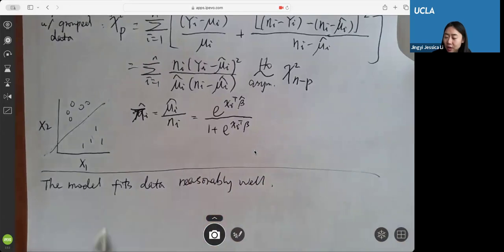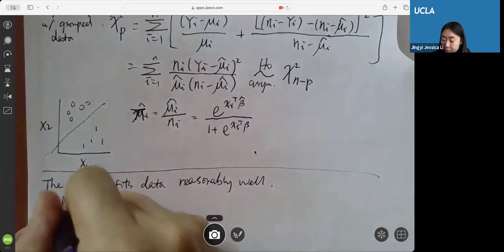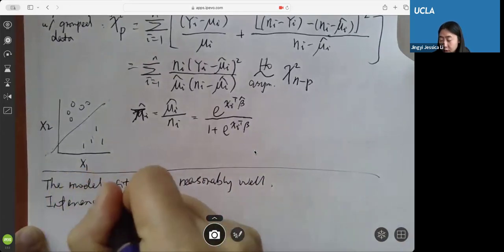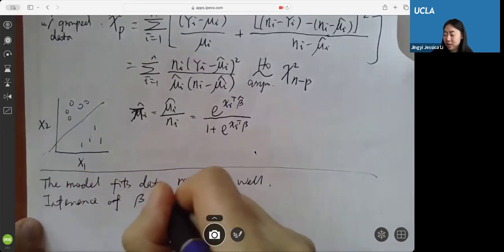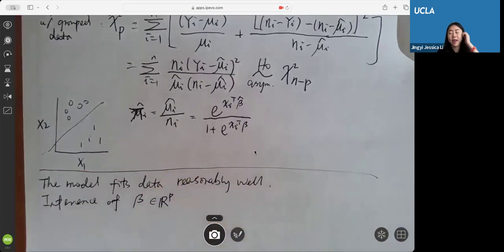So this is what we call inference of beta. That is, you like the model, so then you want to make a story out of the parameter. But you don't know the true parameter value. You only know the parameter estimate. Then what do we do? Right? So this is what we do.